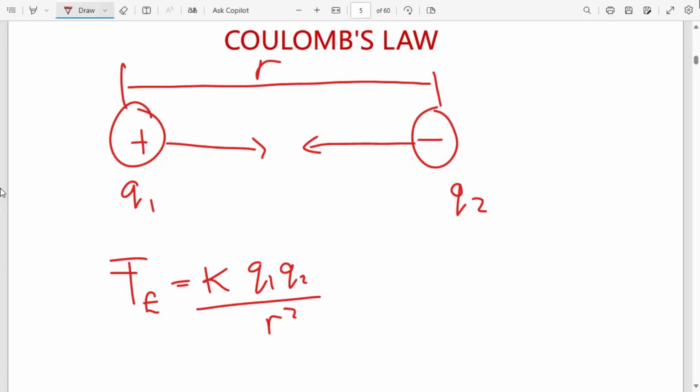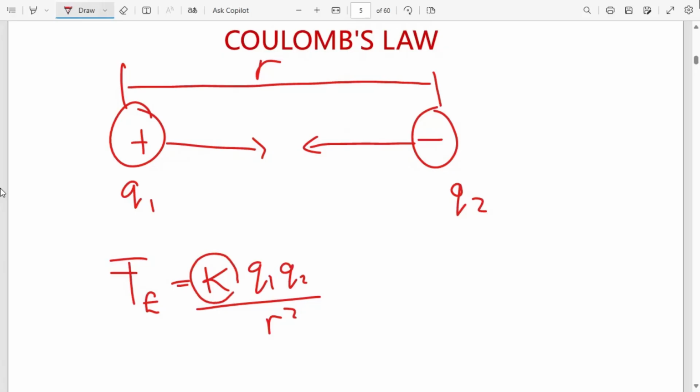Coulomb's law applies to point charges, but you can also apply it to things like charged spheres, under a condition: the charged spheres should have a smaller size compared to the distance between them. That's the only way you can apply Coulomb's law.